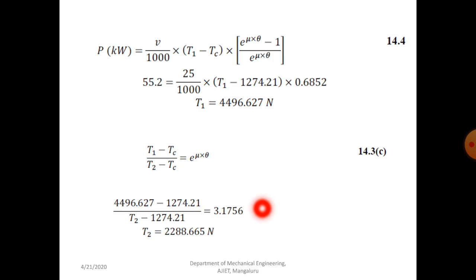So you will get the T2 value as 2282.665. This is the slack side tension.